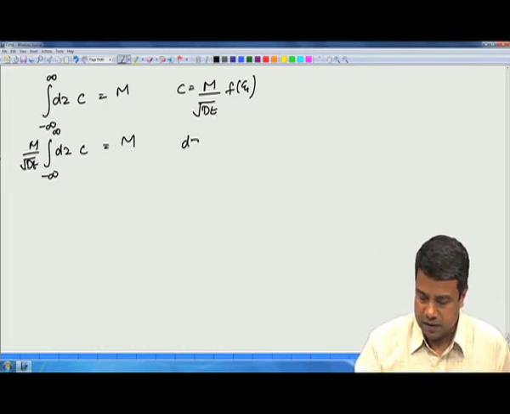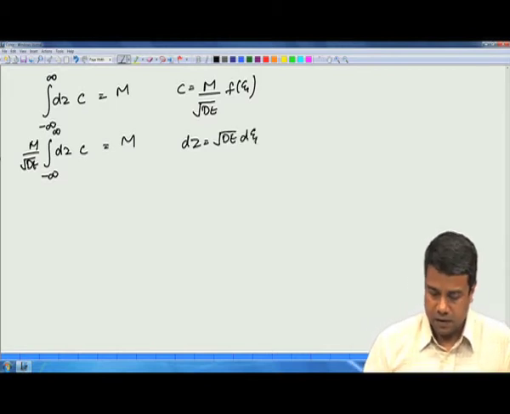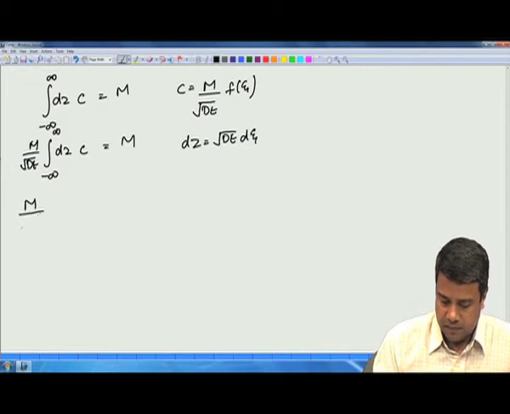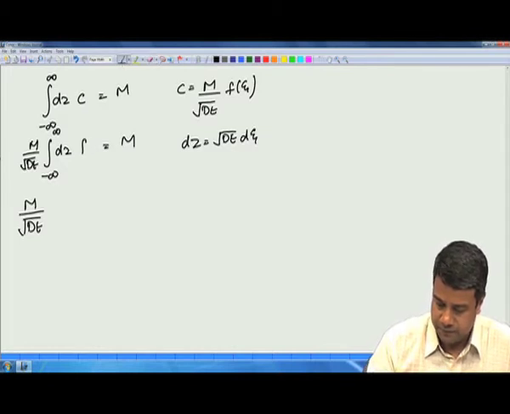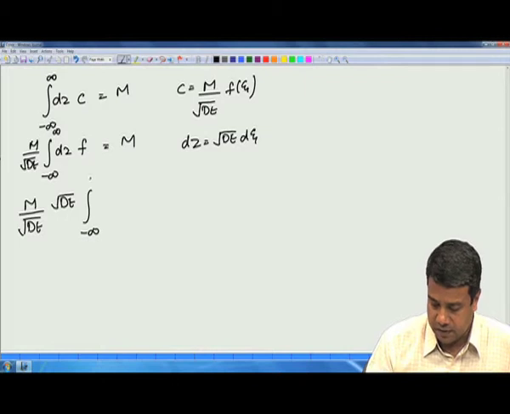Converting dz is equal to root of dt times d psi, I will get m by root dt. I am sorry, there should be f over here, times root dt integral minus infinity to infinity d psi times f is equal to m.